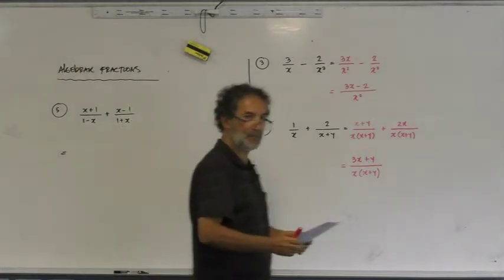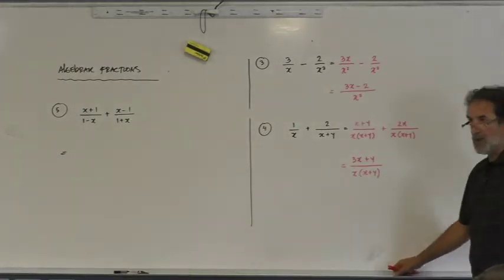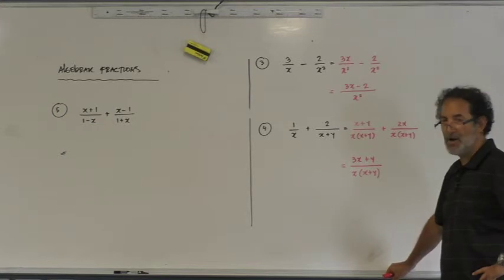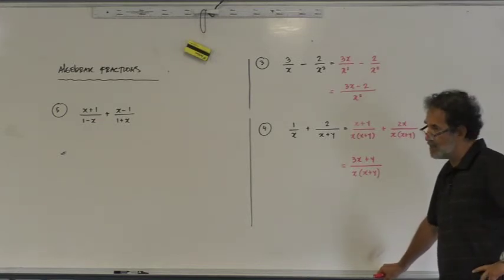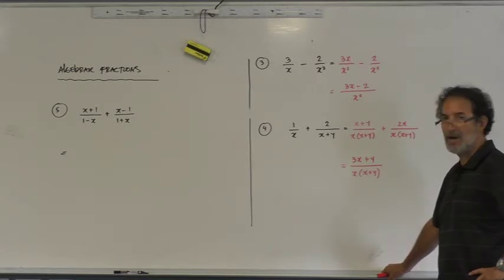So, I want you to copy that one. Clearly, we don't have the same denominator, right? And also, it is clear that we're going to have to amplify these two fractions to, at the end, have the same denominator.